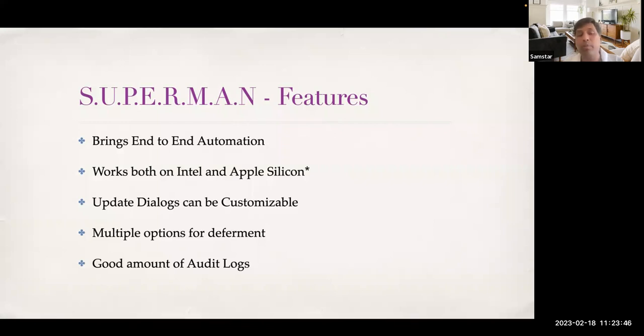And the best part of Superman is the audit logs. It has extensive audit logs. You can go to the path where Superman installs and read the logs. It's very clear. And when in need, you can also enable verbose logging so that you can see detailed logging of what Superman is actually doing.